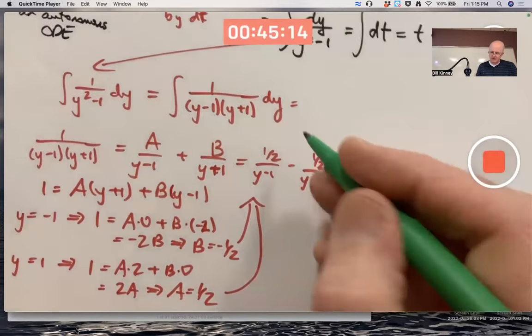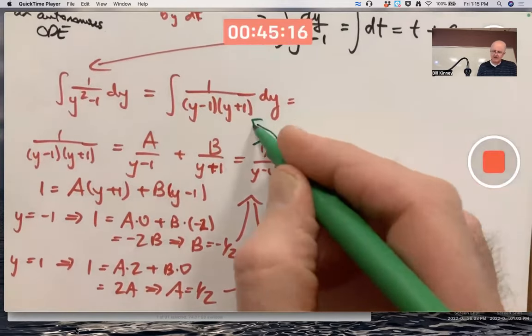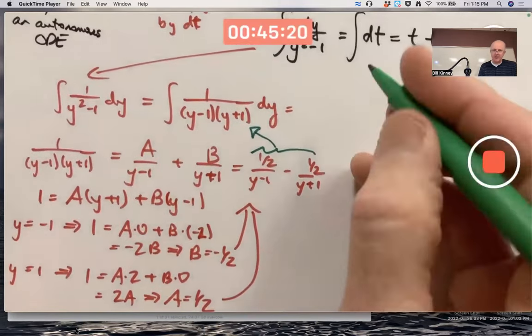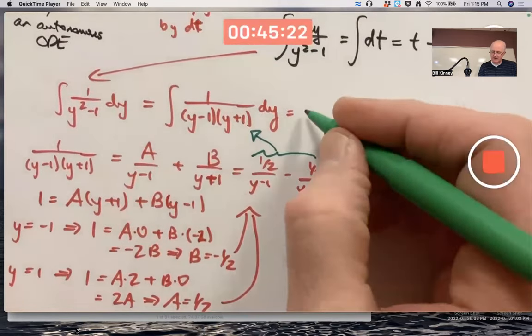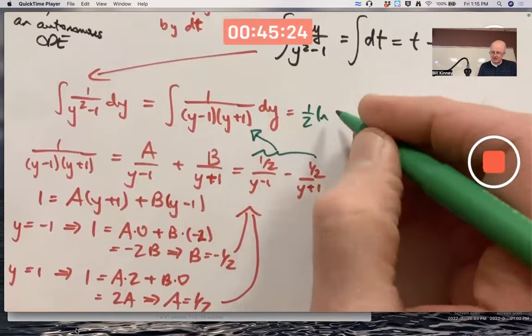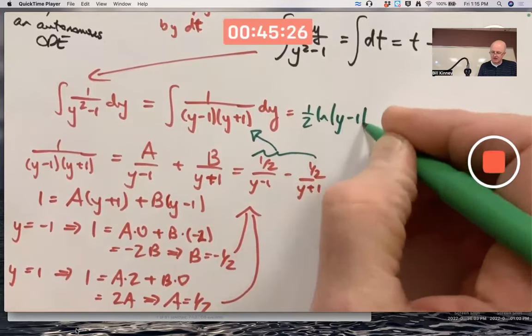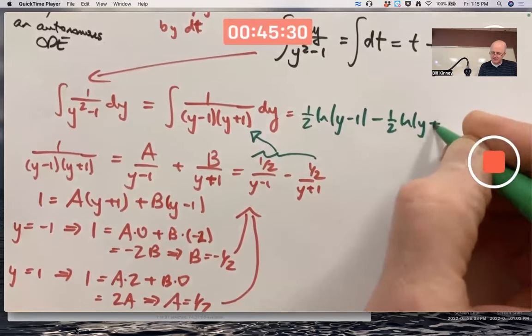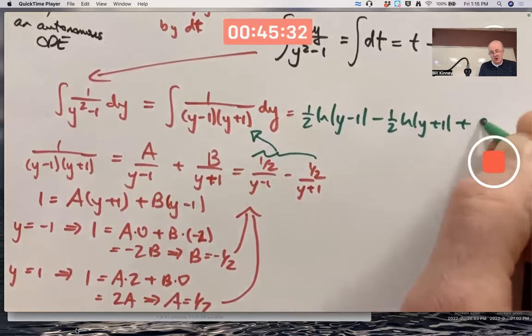Plug that entire expression in there. Save a little time, I won't actually rewrite it. I'll just do the integrals. I'll get 1/2 natural log of the absolute value of y minus 1 minus 1/2 natural log of the absolute value of y plus 1 plus C2, I guess.